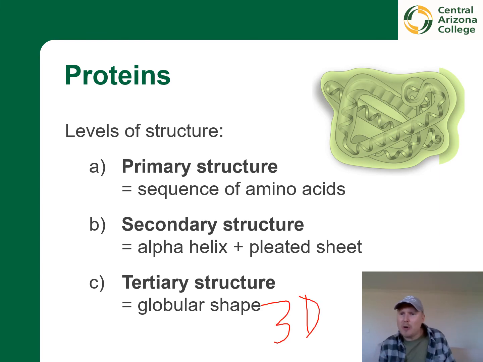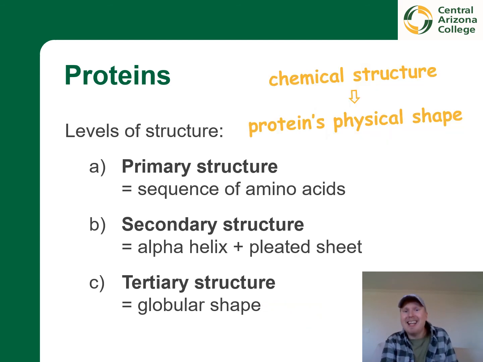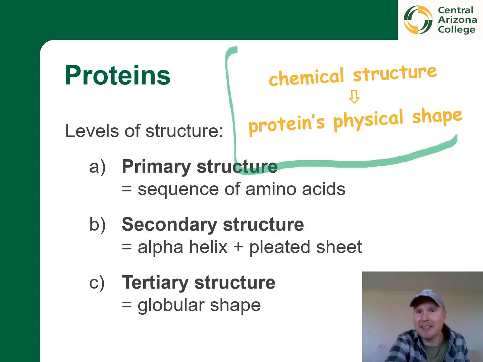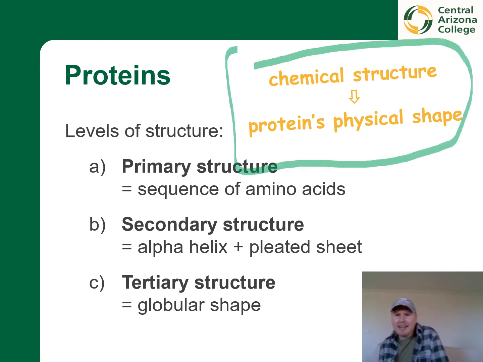These are often shown as these globular or tube-like structures that are bent. But this is all good. But what's the practical application of all this? Well, in biology, the chemical structure defines also the physical shape of the protein. And this is an important concept to understand.